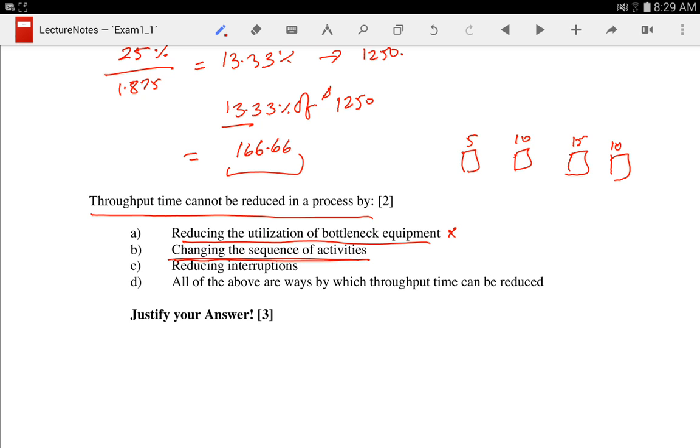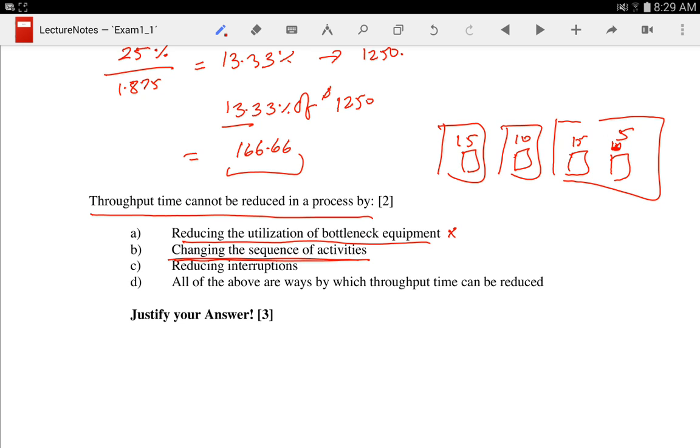So if we have 3 workers here, and let's make this 15, and then let's make this 5. Sorry. So now if we have 3 workers, and one guy working this, another guy working this, another guy working this.